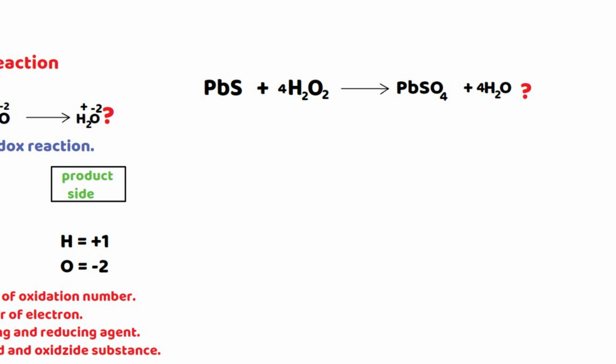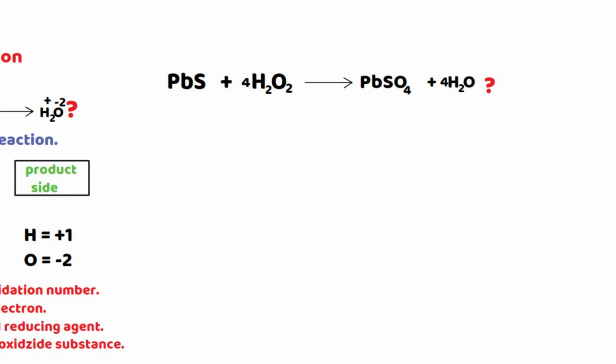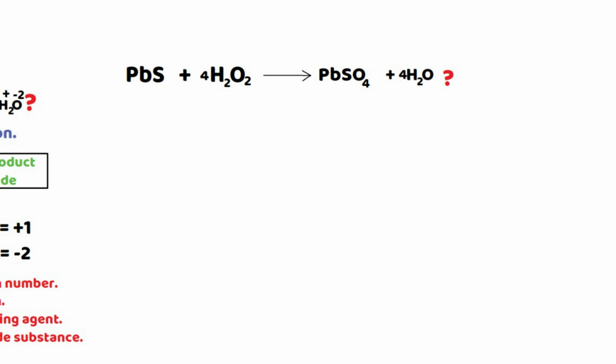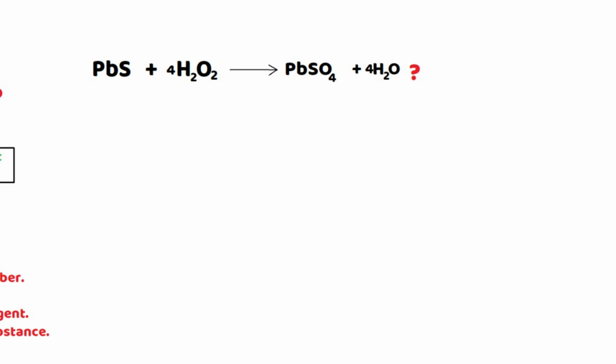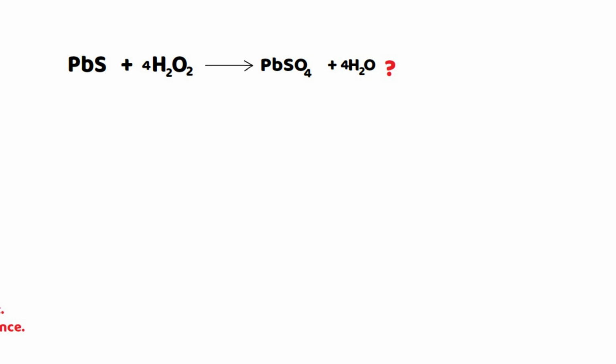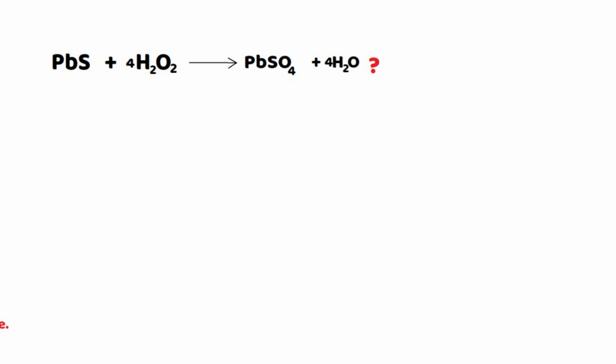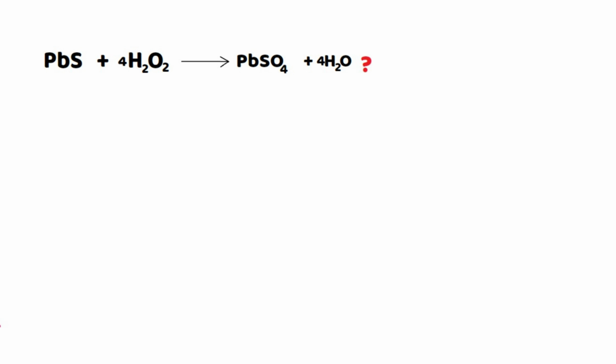If it is a redox reaction, which substance undergoes oxidation reaction and which substance undergoes reduction reaction, and which substance is a reducing agent? That means which substance loses electrons and which substance gains electrons in this chemical reaction.